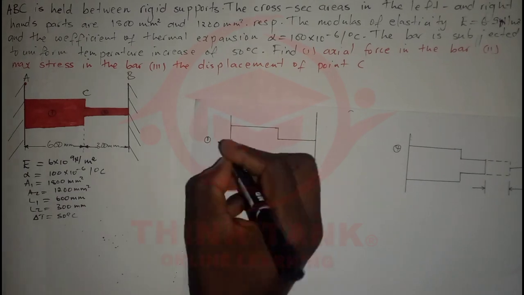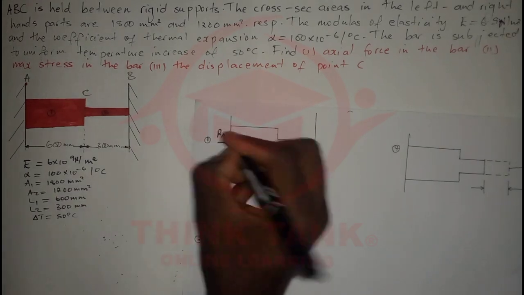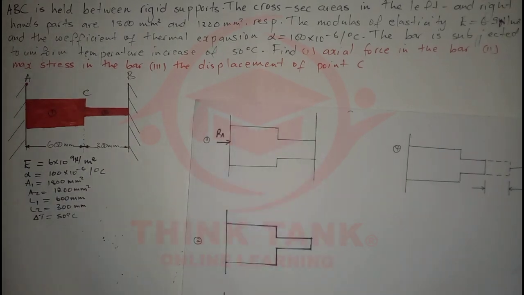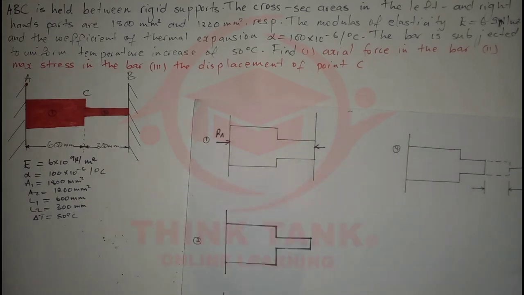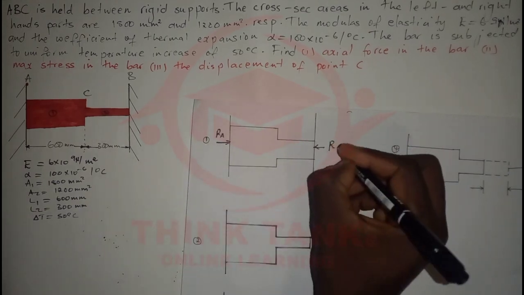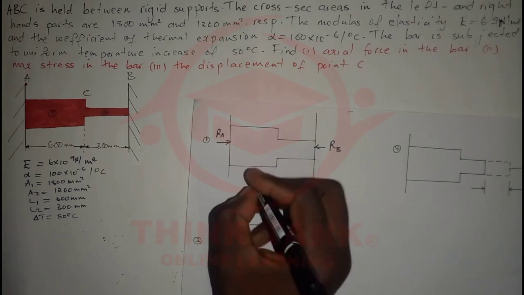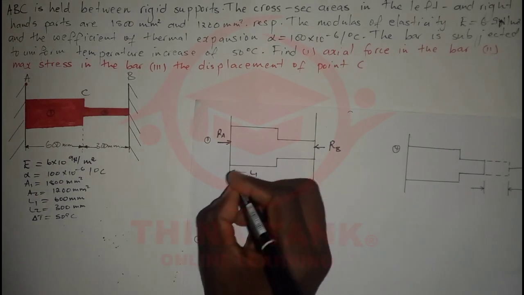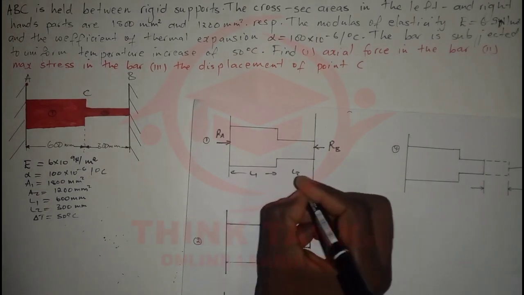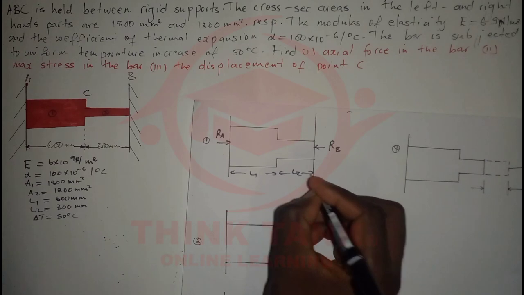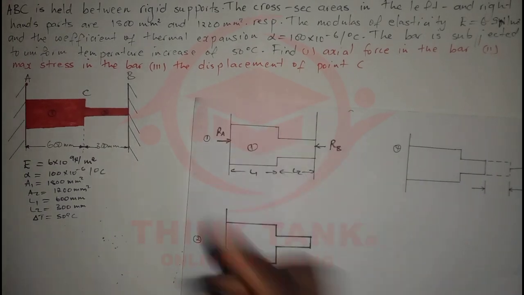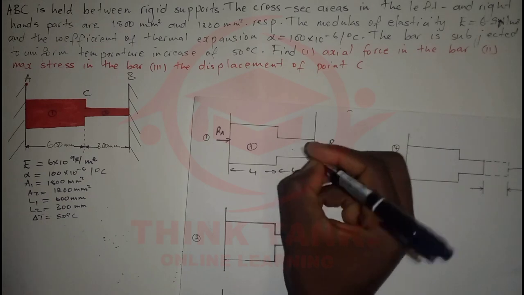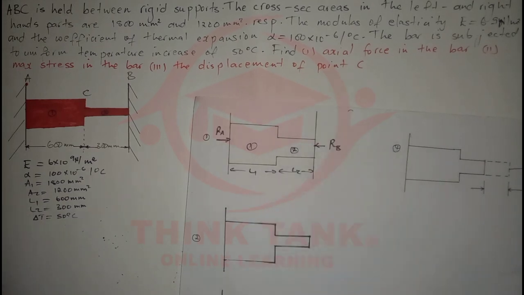The reaction force, I'm going to call it RA, and since it's static, we're going to have an opposing force from Newton's third law, which is RB. We still have our length from here to here, L1, and from here to here, L2. We call this one part 1, and this one part 2.